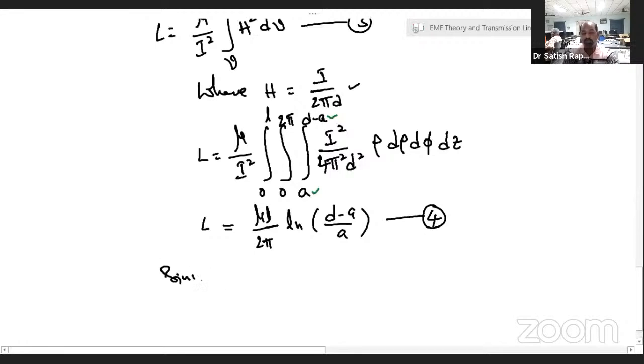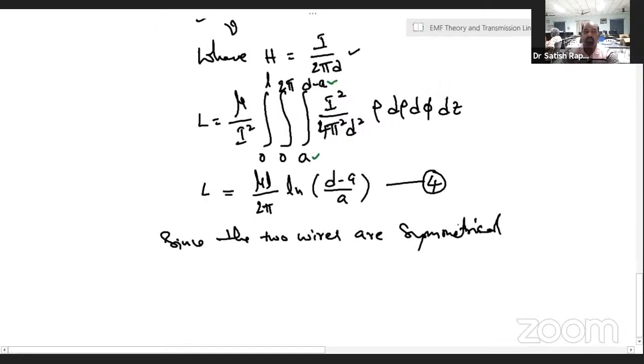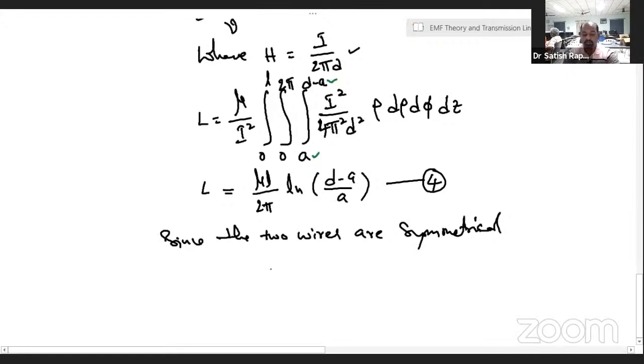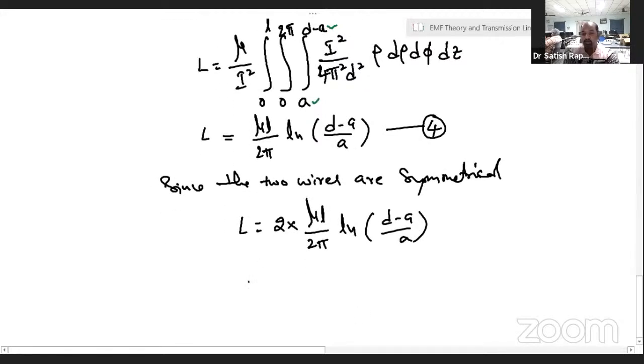And as we are considering two such long wires, since the two wires are symmetrical, we can write L is equal to 2 times mu L by 2 pi ln of (d minus a) by a.